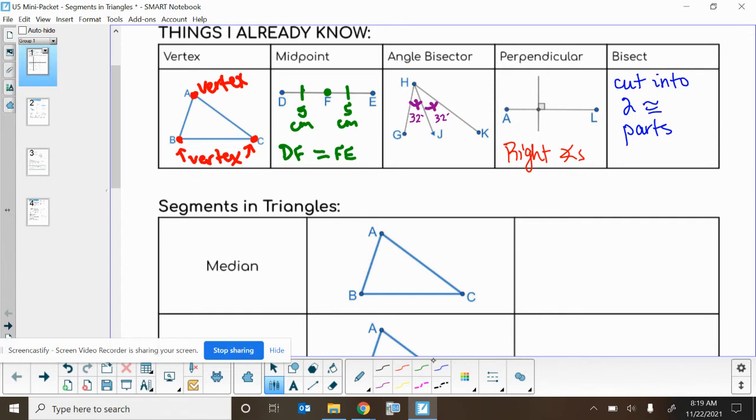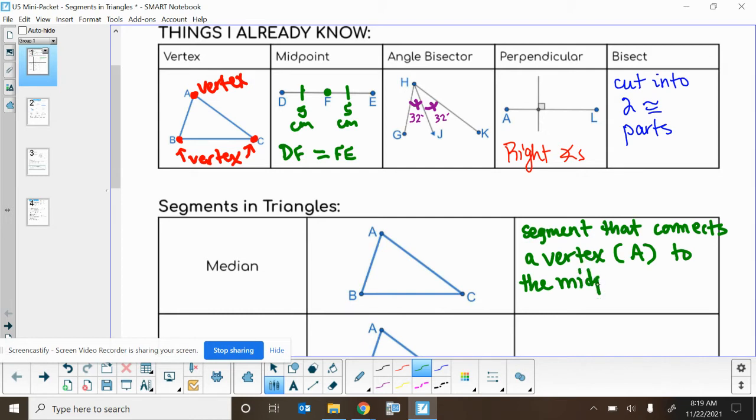So a median is a special segment that connects a vertex, and we're just going to pick one of them here. So we'll say like point A to the midpoint of the opposite side. So we'll call that point M here.